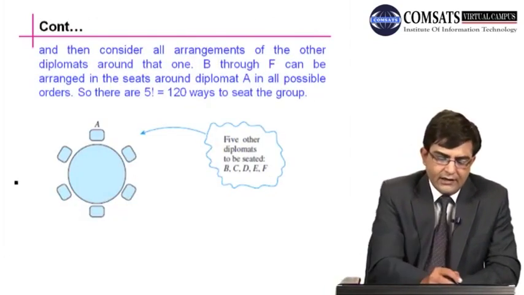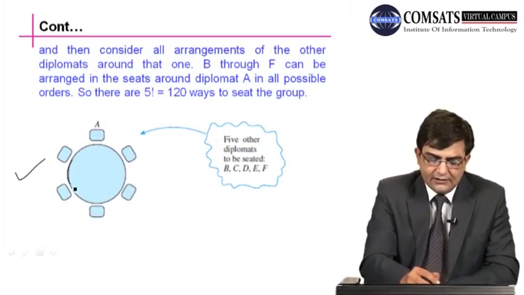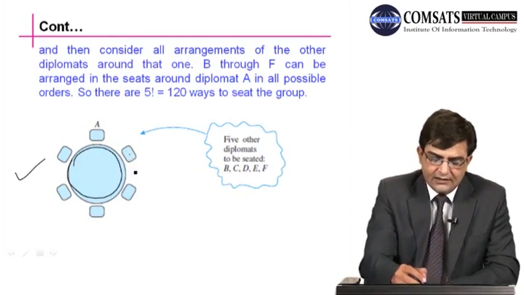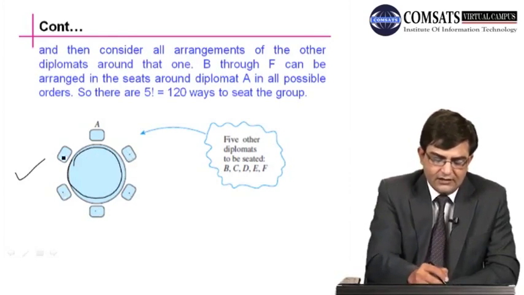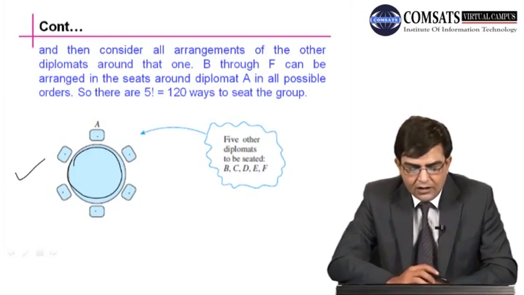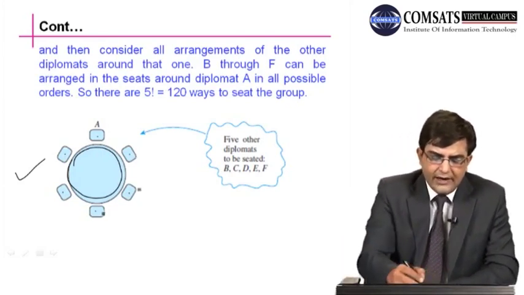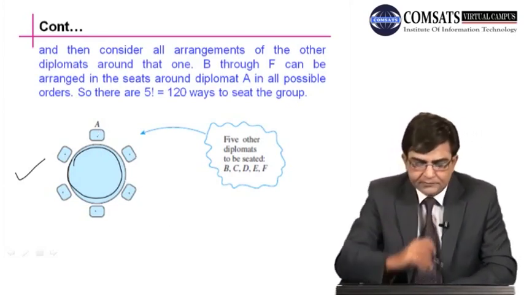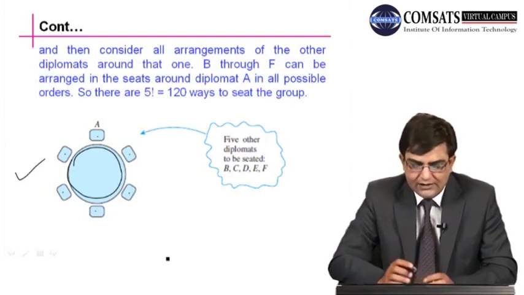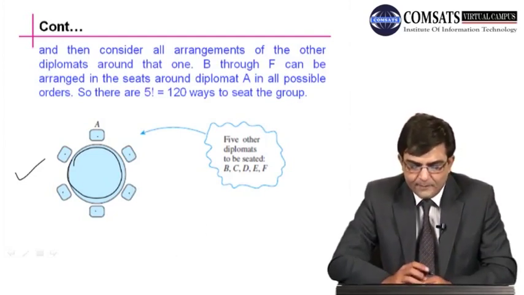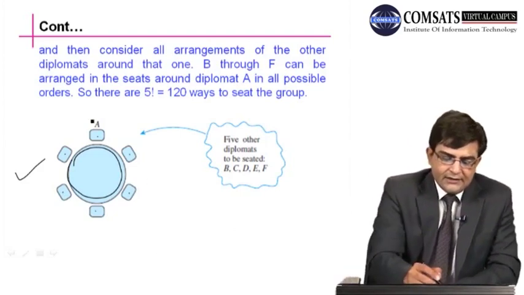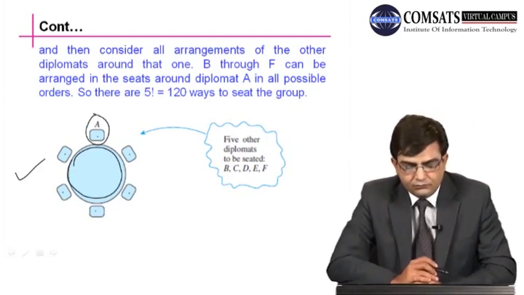That is, if this is a circular table and these are the seats where the diplomats have to sit, any seat we can mark as diplomat A, whatever their names, we call them A, B, C, D, E, F. Then this is the starting point.